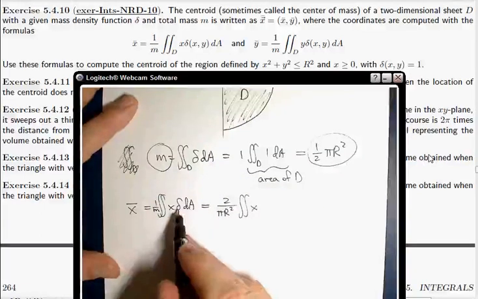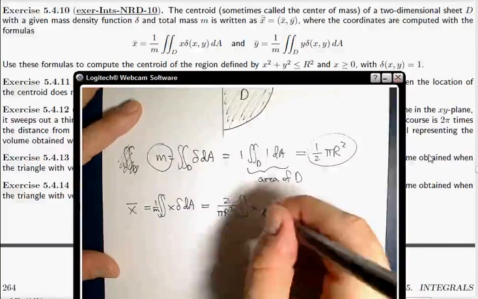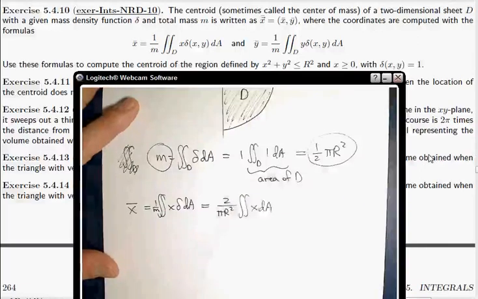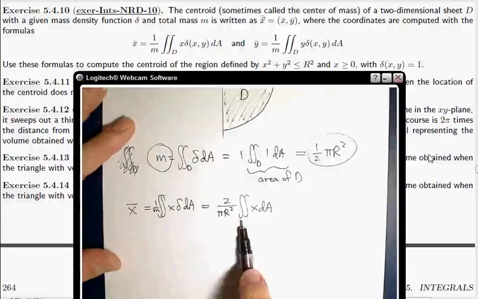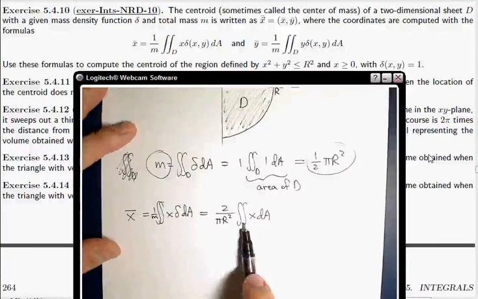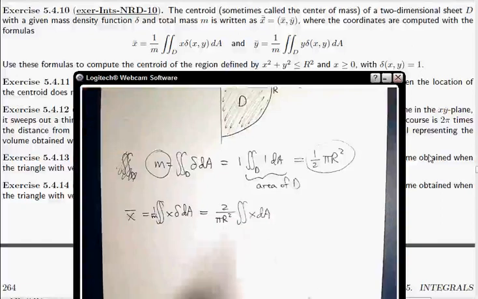Density is 1 still, so I'm not even going to write that down. Now we just need to compute this integral, and I can turn this double integral into a nested integral in 2 different ways. Either way you slice it, it's going to work out okay, but it's different depending on which way you slice it.